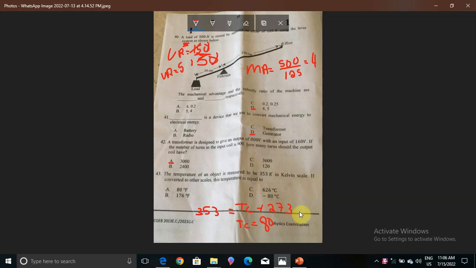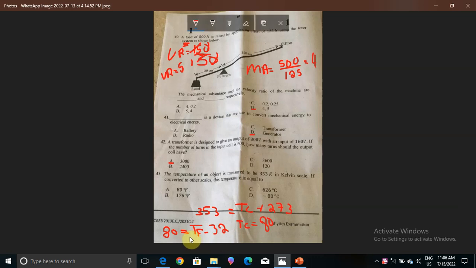So A and D are not correct, and also C. So the one which is left is converting to TF, the temperature of Fahrenheit, because if we make 80 is equal to the Fahrenheit temperature minus 32, right?